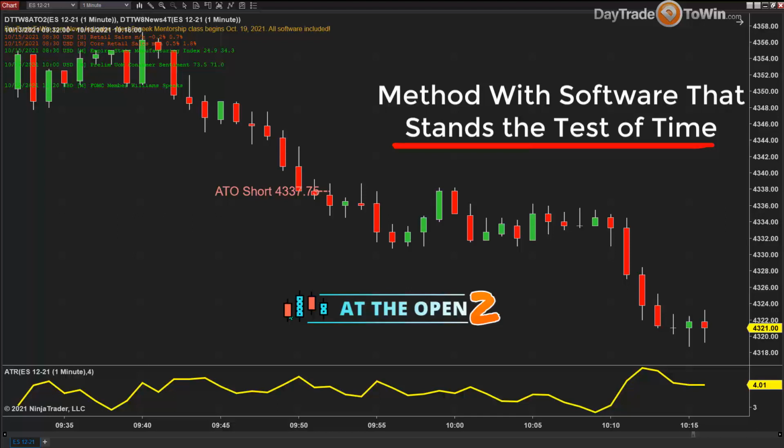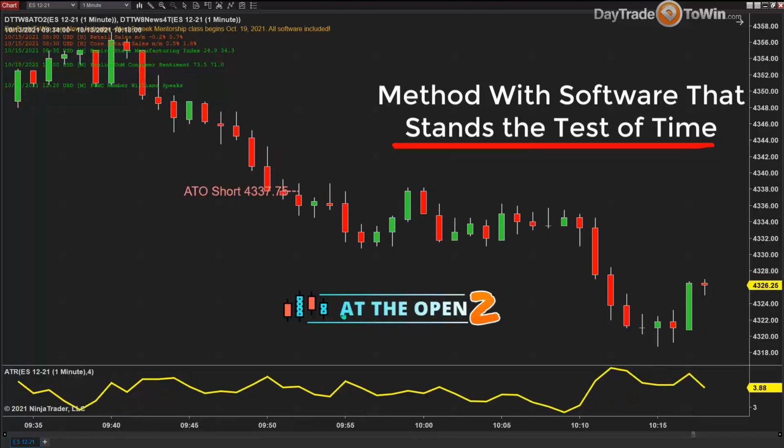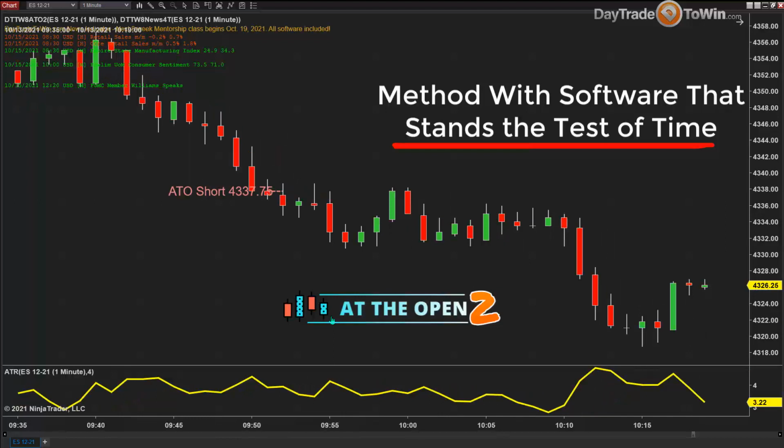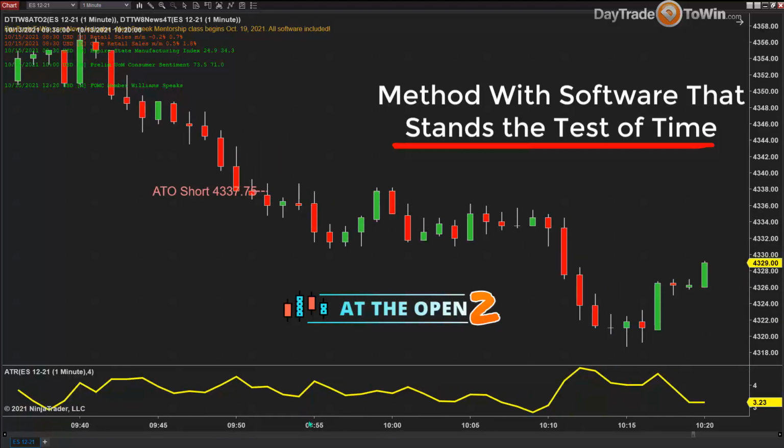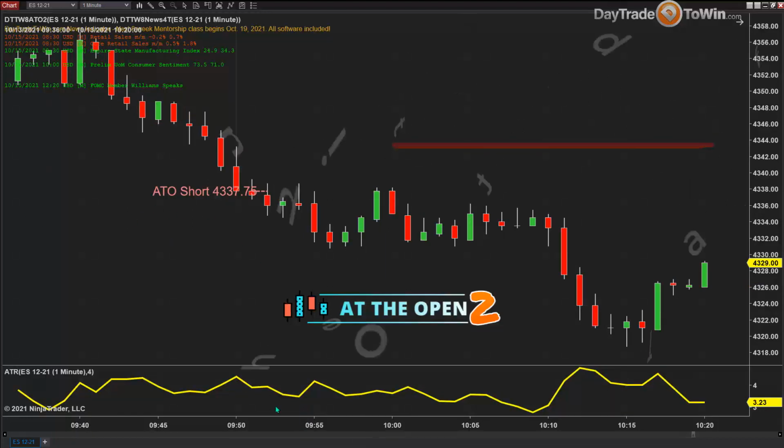So that is something really to say about a method that hasn't changed over the years, and that's why price action, what we teach at Day Trade to Win, is so important to understand for traders. So this is a short signal on the E-mini, 43.37.75. That was yesterday, Wednesday the 13th.